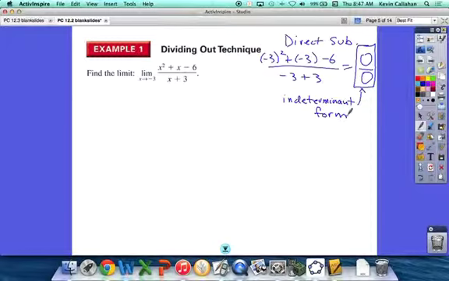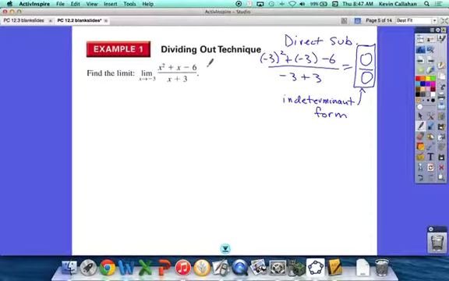But because both the numerator and the denominator are polynomials, it means you can divide out the 0 and then see what's left. It's easy to see the x plus 3 in the denominator; there's nothing to factor there. But the fact that you were able to substitute x equals -3 and get a numerator equal to 0 means x plus 3 must be a factor.